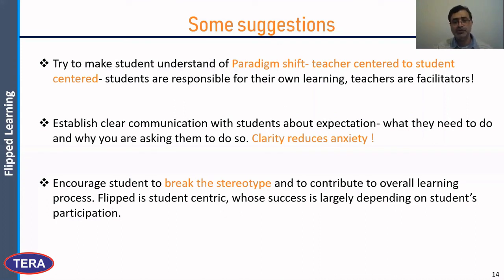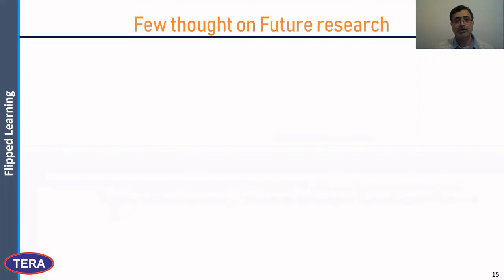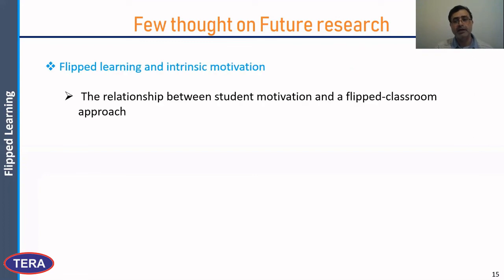Let me also share about the areas of future research in the area of flip learning. And there are many unexplored areas, but the one which I think needs some immediate attention is flip learning and intrinsic motivation.